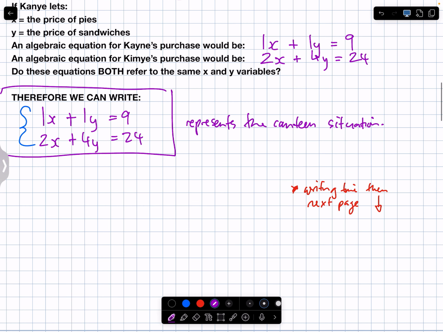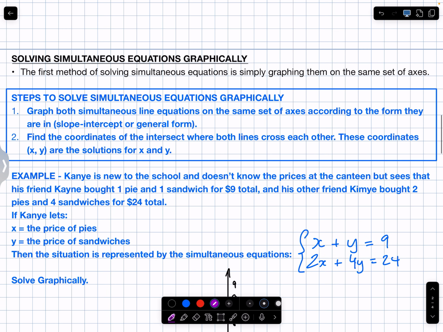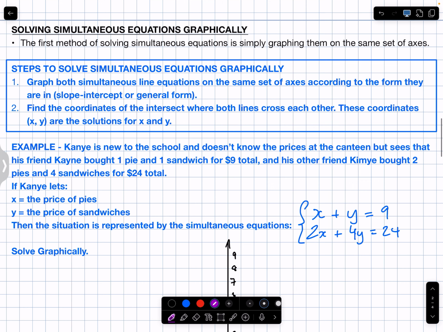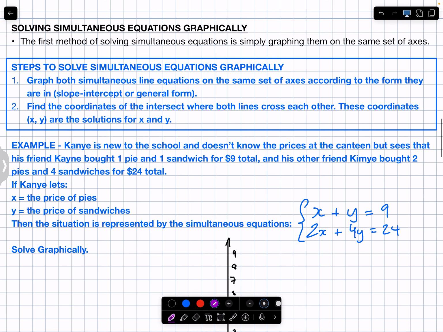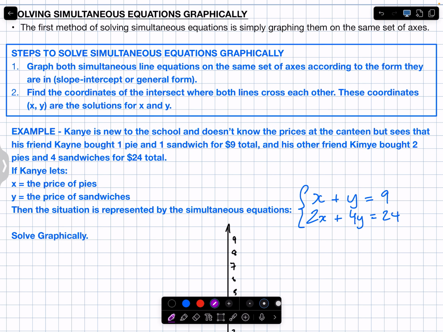All right, let's see how to solve it. So the next notes to get would be that actual full example. How do I solve simultaneous equations graphically? I showed you last lesson how to graph lines. Now we're going to use that theory to actually solve situations like this. So can you get those 2 steps down, please? How do I solve simultaneous equations graphically?